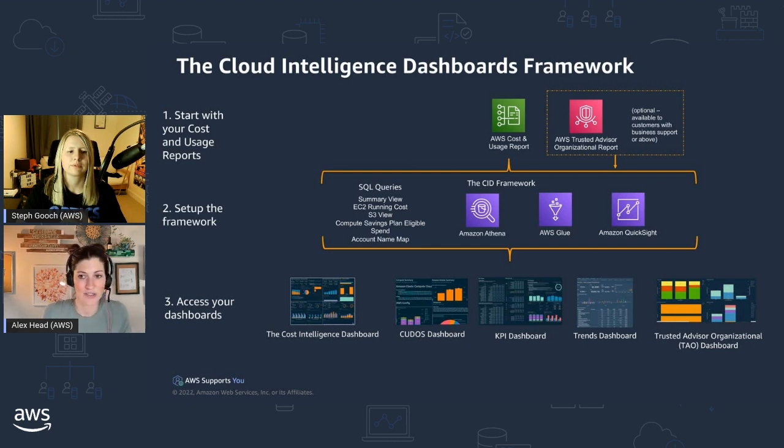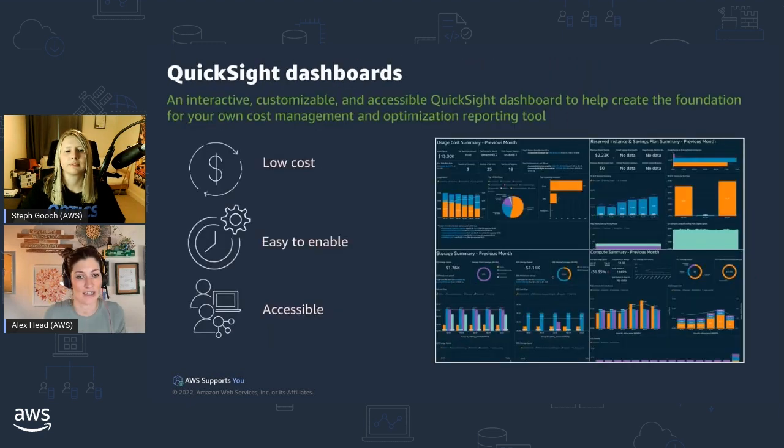I know someone asked earlier what's a good place to get started? Those CUR queries, and then the next thing I would say is trying out the Cloud Intelligence Dashboard. It's all from the Cost and Usage Report. It isn't yet one easy button, but it is getting really close. You don't have to have technical expertise to do this, and it gives you a really cool starting place.